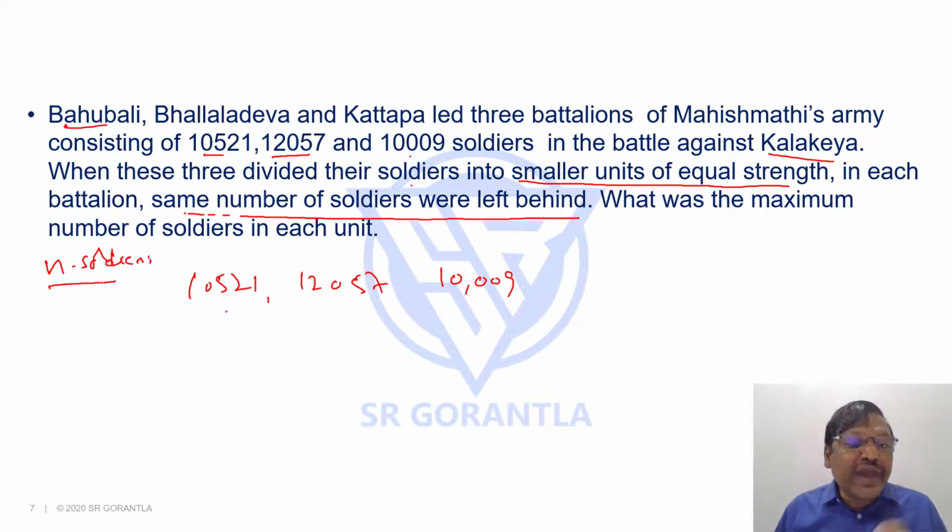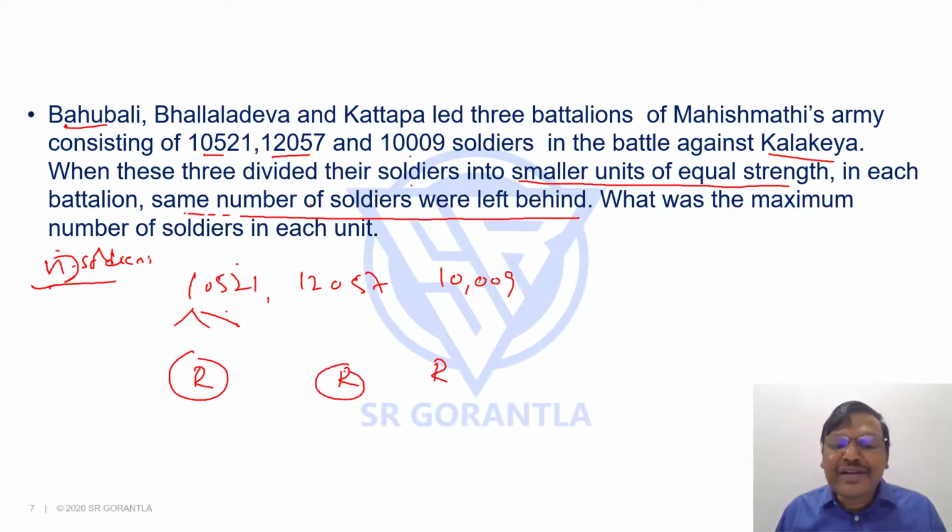When I am dividing into n soldiers, so many units, in every case the same number of soldiers are left, means in every case the remainder is the same. In other words, these three numbers when divided by n leave you the same remainder. If a number divides 3 or more numbers with the same remainder, the number will divide their differences exactly.